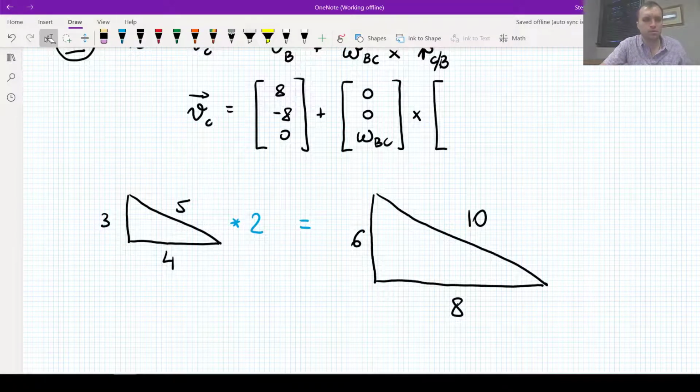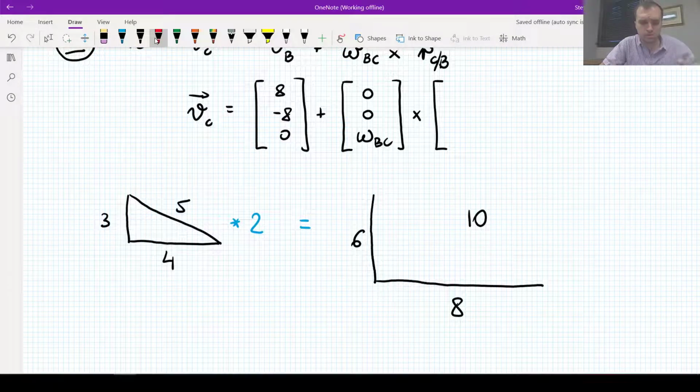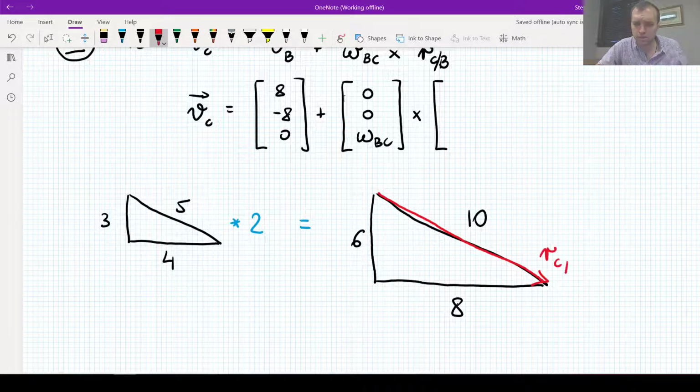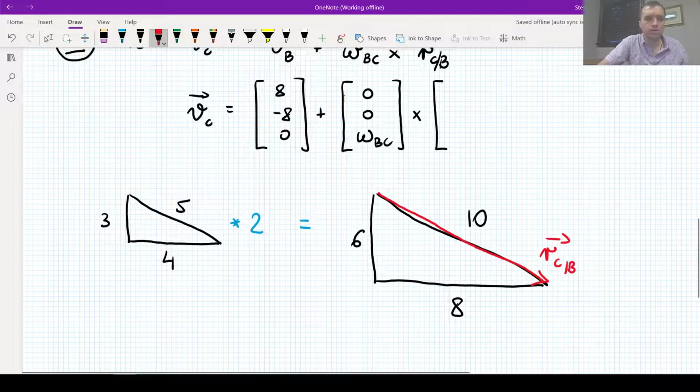Oh, actually, I can do it like that. Oh, excuse me. So this is our RCB vector. So I can plug in here 8 minus 6 and 0.